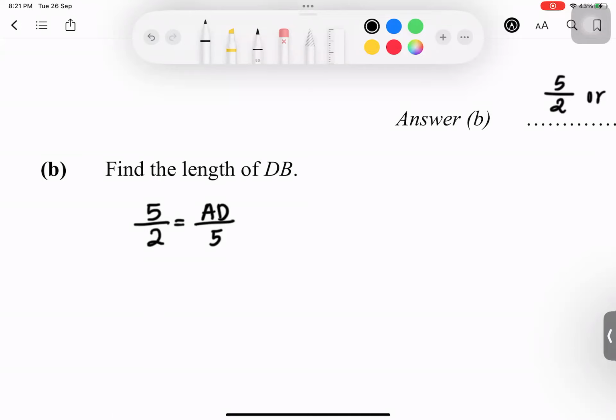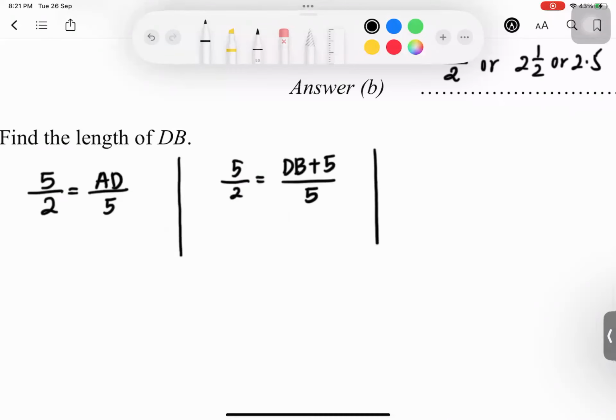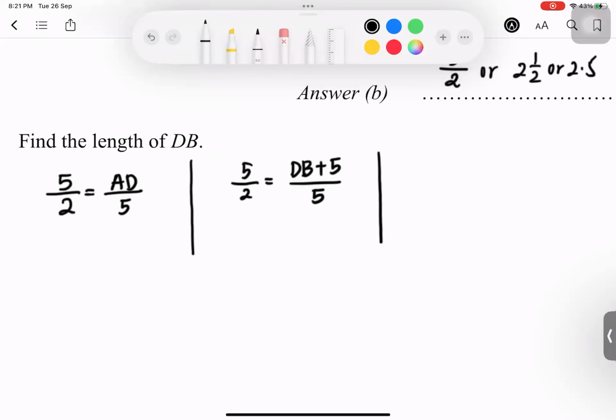Okay, so you can use these, then you cross multiply and solve this. This is method 1. Method number 2, use a scale factor already, right? AD is DB plus 5 over 5. Then you cross multiply and do your answers. Or you can also use the ratio method.